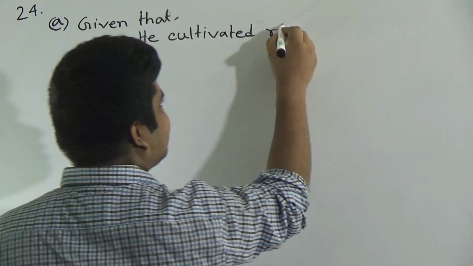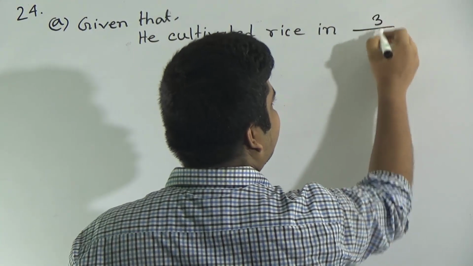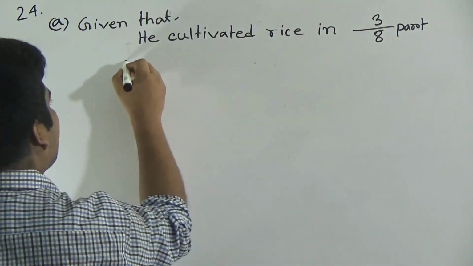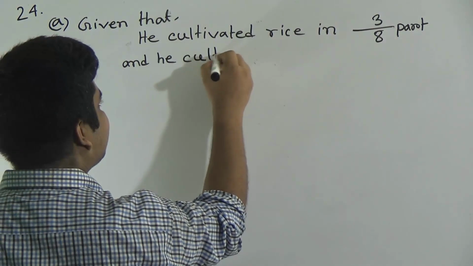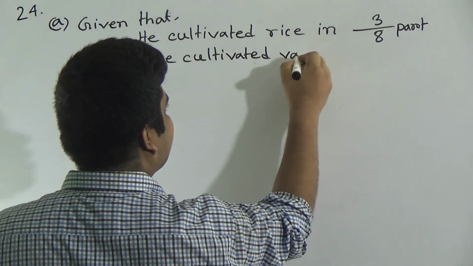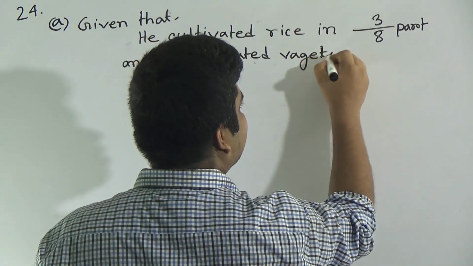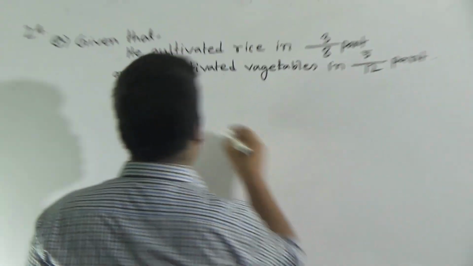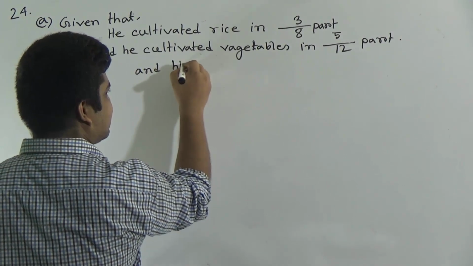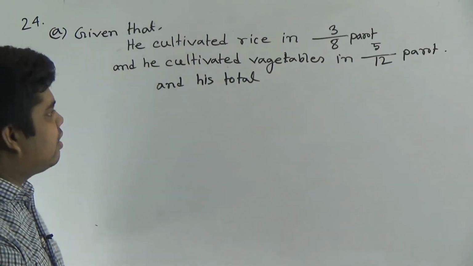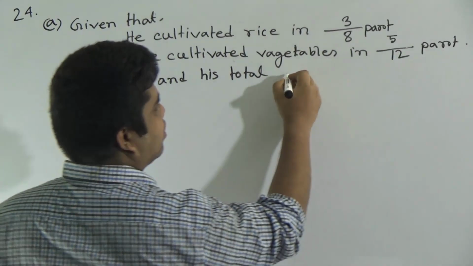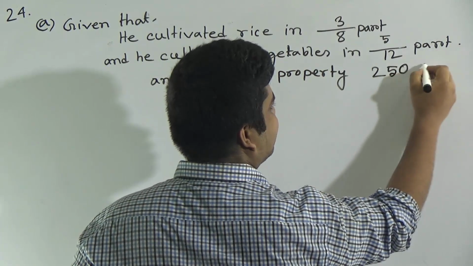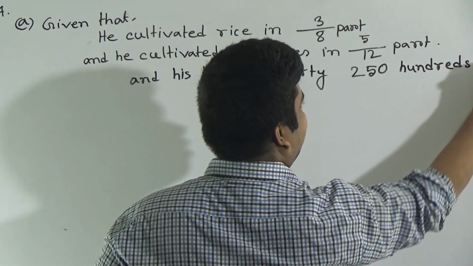He cultivated rice in 3/8 part and vegetables in 5/12 part, and his total property is 250 hundredths of land.